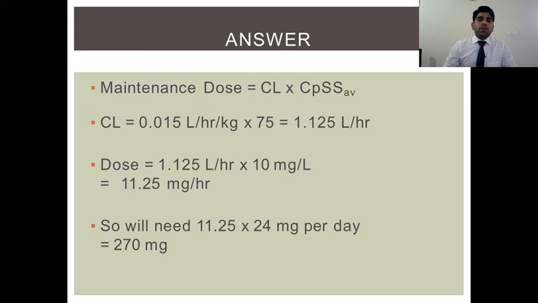We solve it with the formula we have already gone through: clearance times average plasma concentration. After simplification, we get a dose of 270 mg.